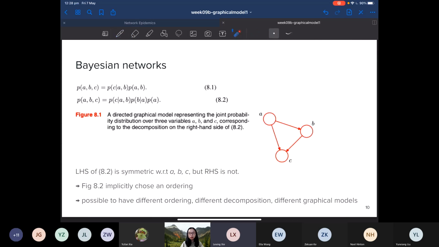And then using the product rule or Bayes' rule, we can trivially write out the factors as C conditional on A and B times the joint of A and B. And we can do this once more between the nodes A and B, and basically we factor the joint distribution using Bayes' rule. We've done this a few times in the semester. Basically, we have A conditioned on nothing, B conditioned on A, and then C conditioned on A and B. So this is a general representation of the joint distribution of the three variables.